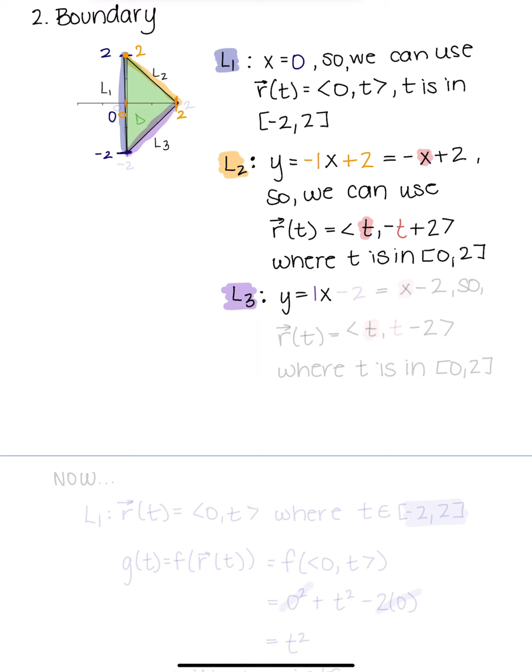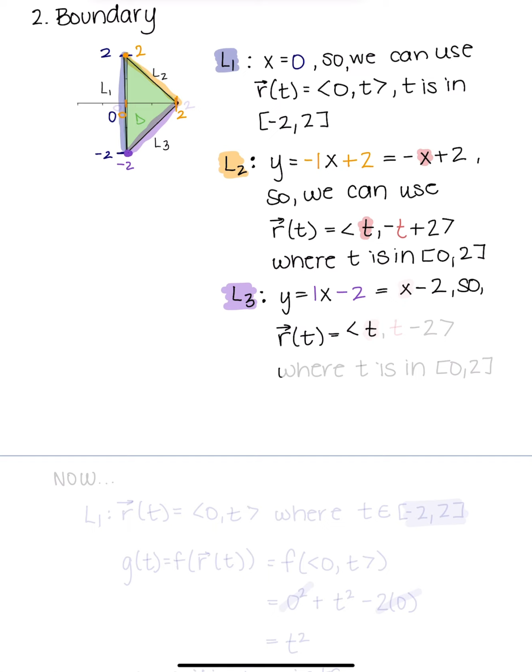Then our y-intercept, be careful, starts down here at -2, so -2. We don't need to write that 1 out in front, so it'll be just x minus 2. So our parametric equation would be r of t. Let's go ahead and let our x component be t again.